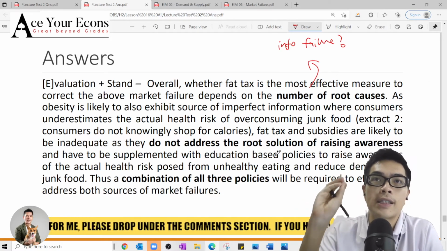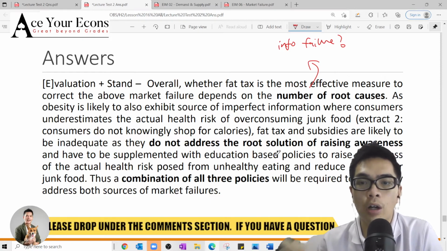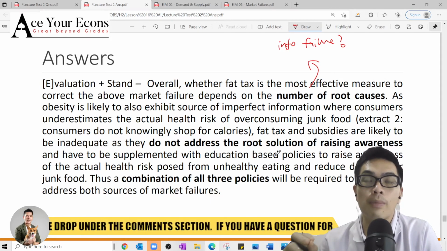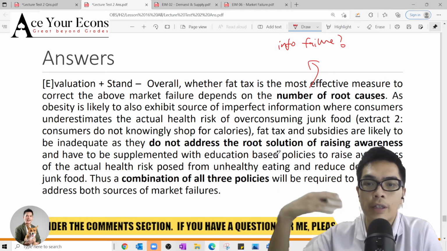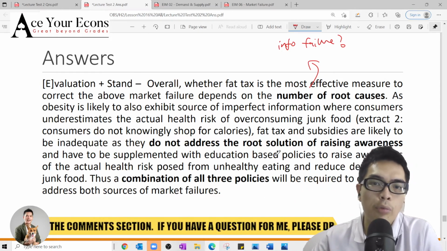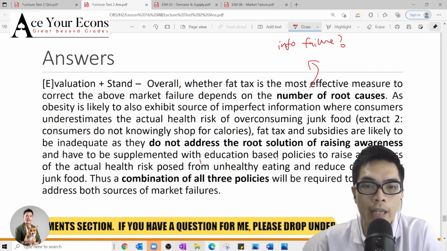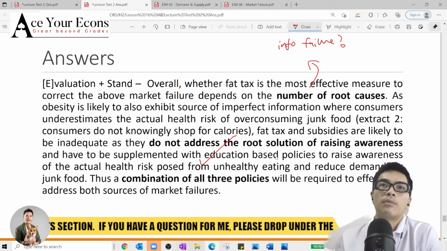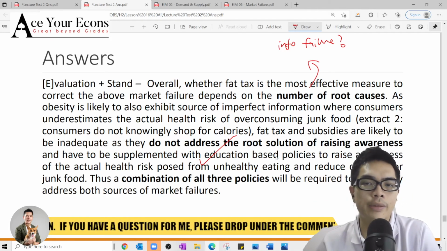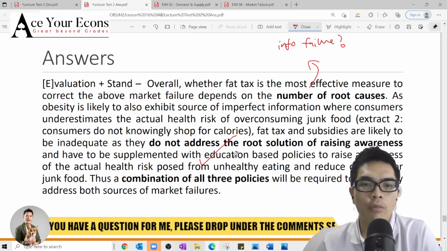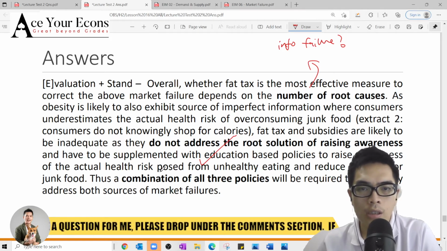But if you bring it as a synthesis, questioning the assumption of the number of root causes, you are going to impress the marker. You are going to illustrate that because of different issues, we need different policies. If info failure, we need education-based policy, because education-based policy can address the root problem of unawareness. This is how you want to play around with your synthesis.